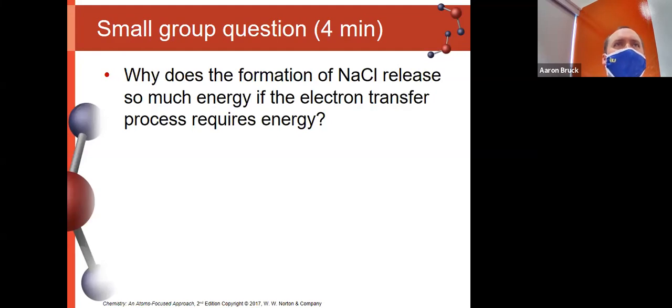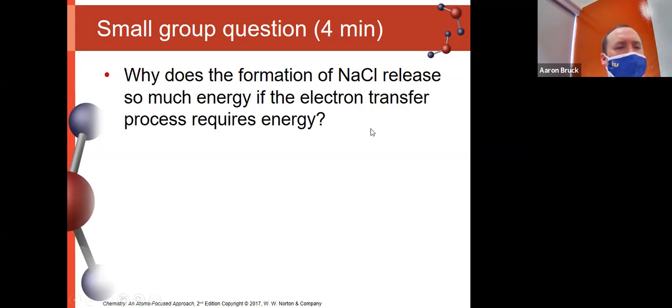But you're both dancing around something that is important, and that is we haven't accounted for one aspect. We've done the nuts and bolts. We've gotten the sodium up to a gas. We've taken the electron away from the sodium. We split the chlorine molecule into atoms. We gave the sodium's electron to the chlorine and made a chloride ion.